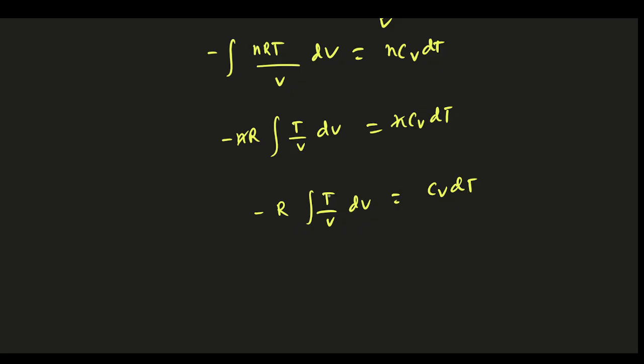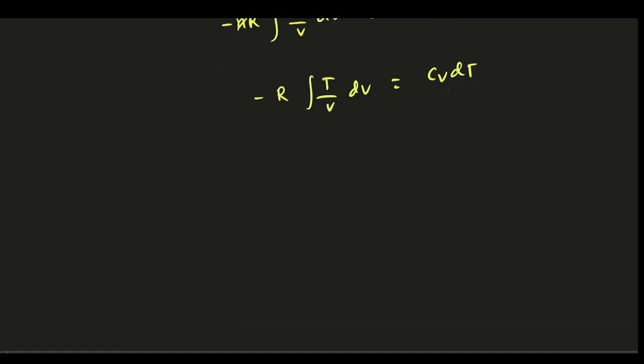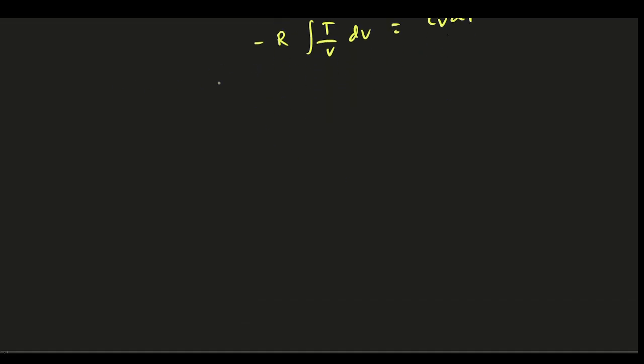I will take this T over here, so minus R dV by V equals Cv dT by T. Cv is constant.